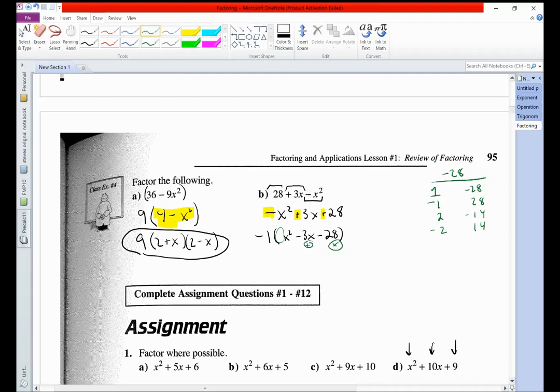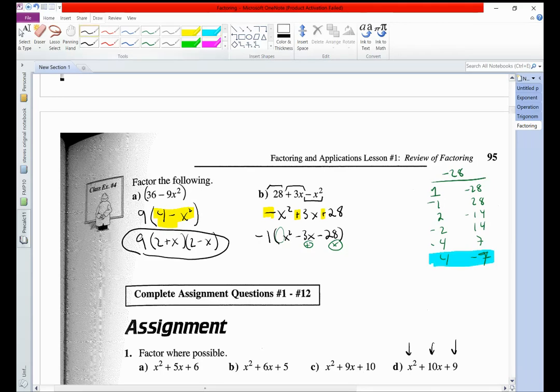Oh wait, 4 and 7, sorry. Negative 4 and positive 7, positive 4 and negative 7. So do any of these add to negative 3? Looks like right here, positive 4 minus 7 is negative 3.